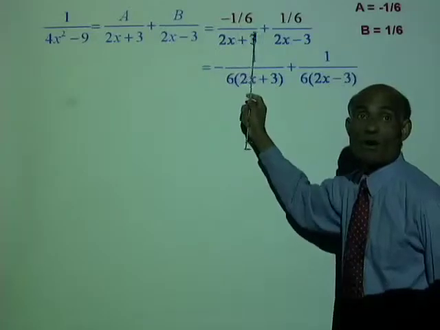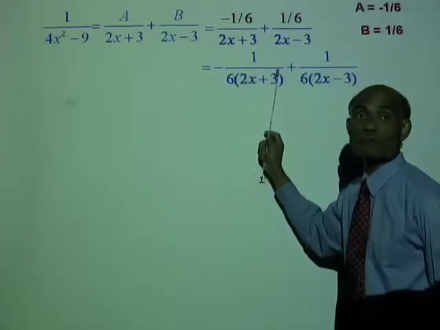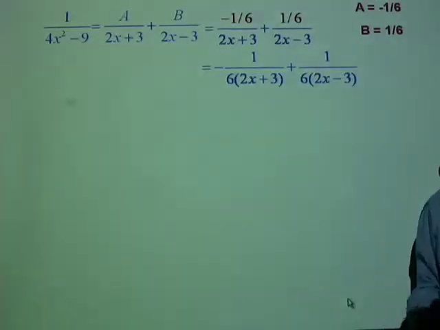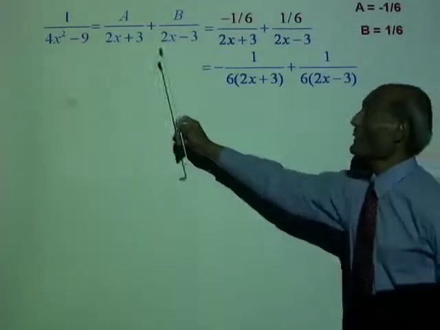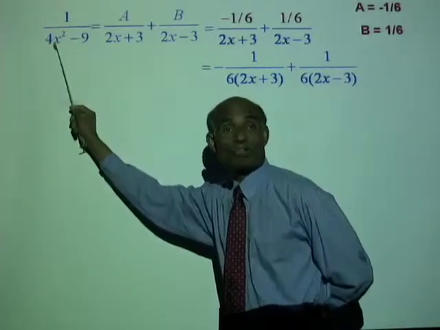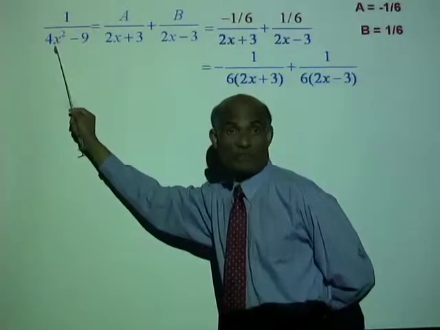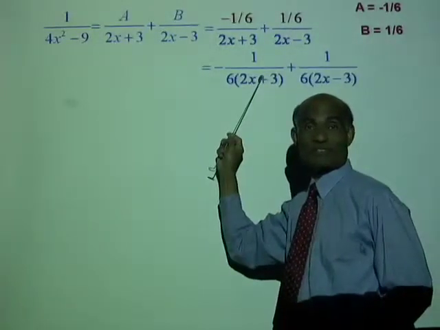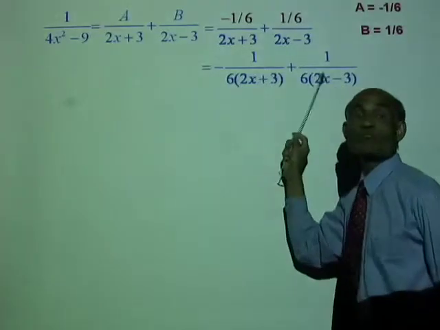It'll be 1 over 6 times 2x plus 3 plus 1 over 6 times 2x minus 3. Now, this is what we need to integrate originally. Now, since it is difficult to integrate, we broke it down into simpler expressions. Alright, therefore we can now integrate this.